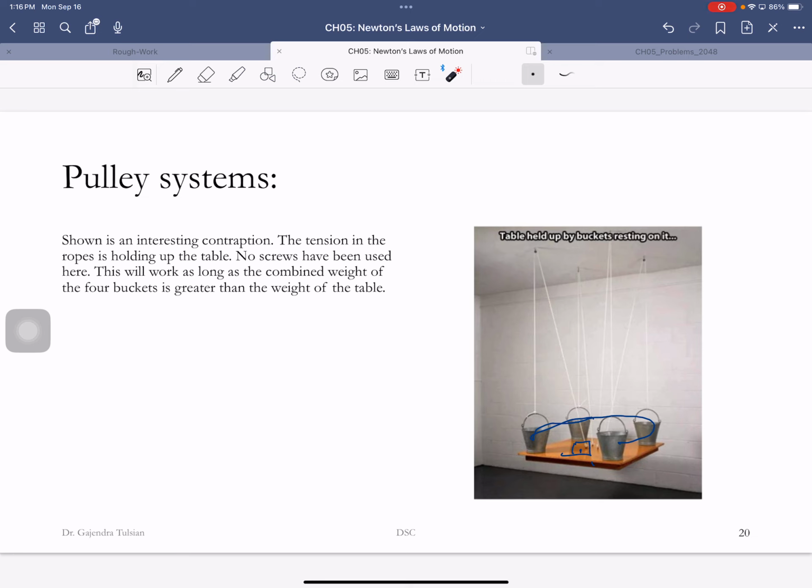So, okay, in this diagram, if you make the 4 buckets heavier than the table, okay, by the way, this device, there's nothing attached to it, no screws or anything. All you have to make sure is these buckets are heavier than the table, and the table wants to move upward, and then you're stopping the motion there. Okay. In fact, you could design it so that you can sit on this thing. You just have to make sure that the buckets have enough sand in them, and you'd be good.